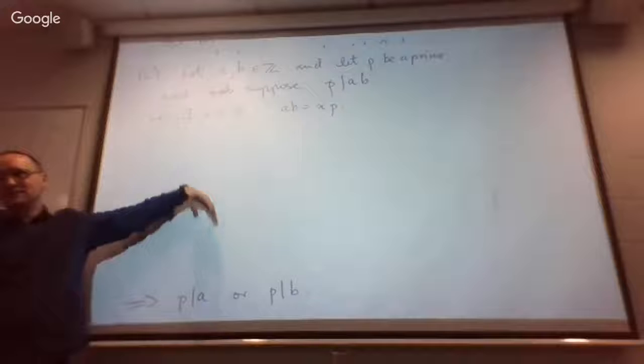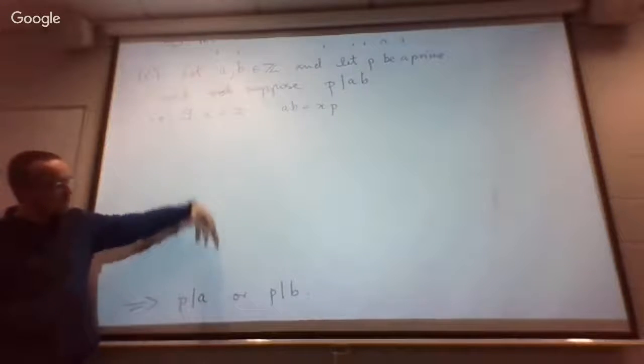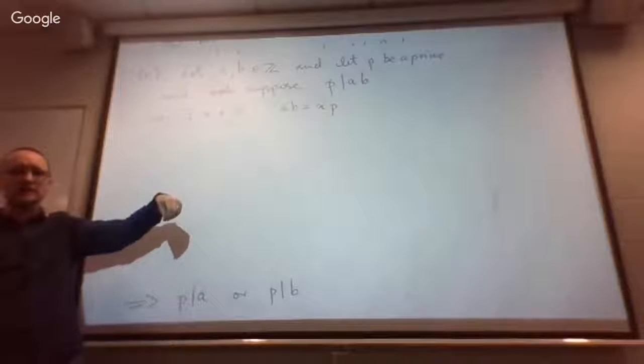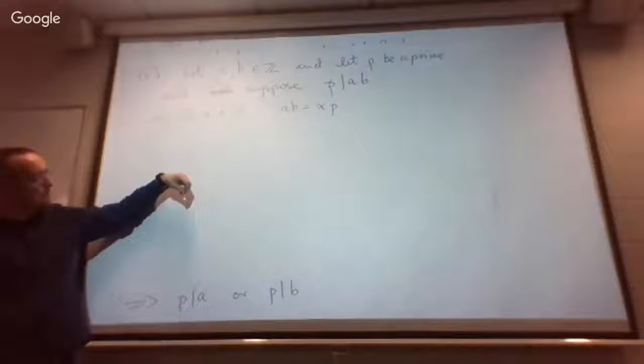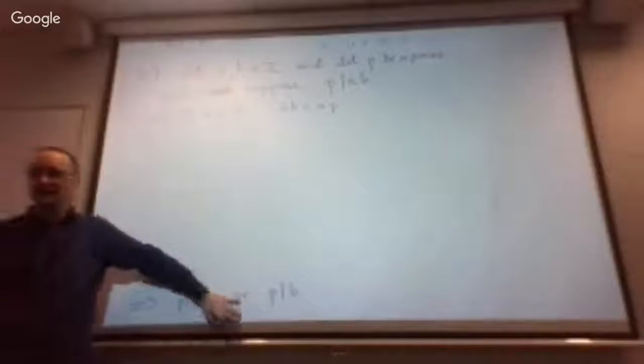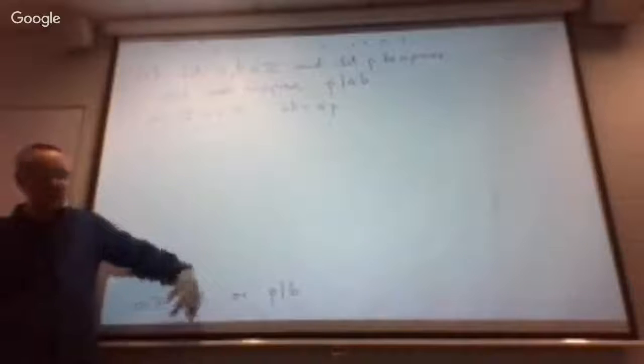So that can make it difficult. It's hard to reach a firm conclusion, because the conclusion you're trying to reach isn't that P divides A, and it's not that P divides B, it's that one of them must be true.